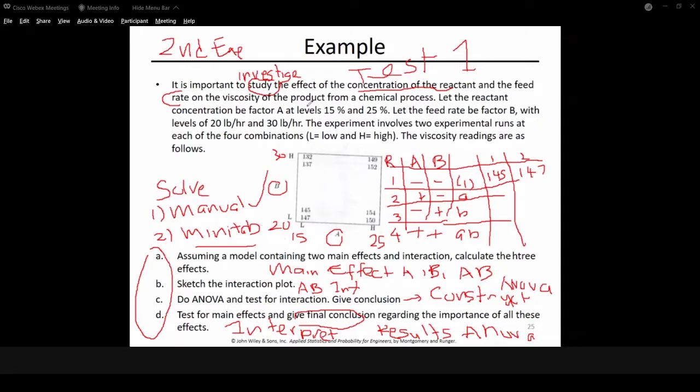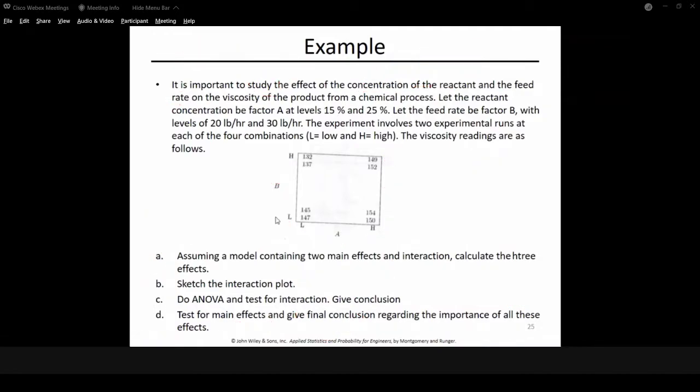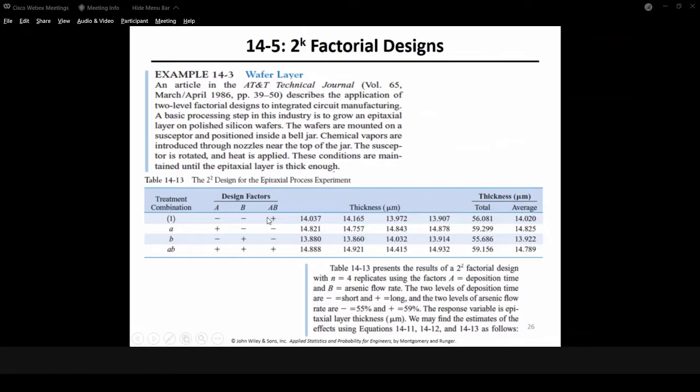This is the first question, this is the second question. This is another question that you can practice.